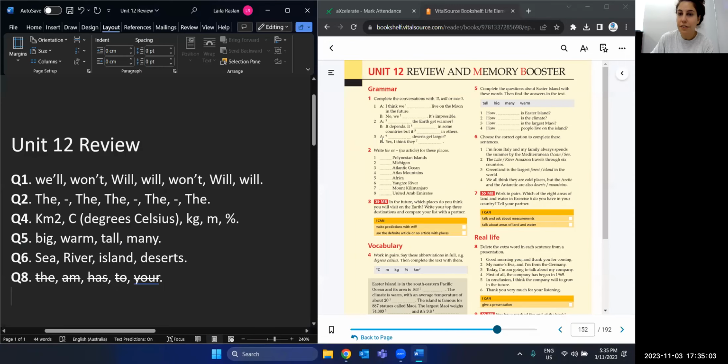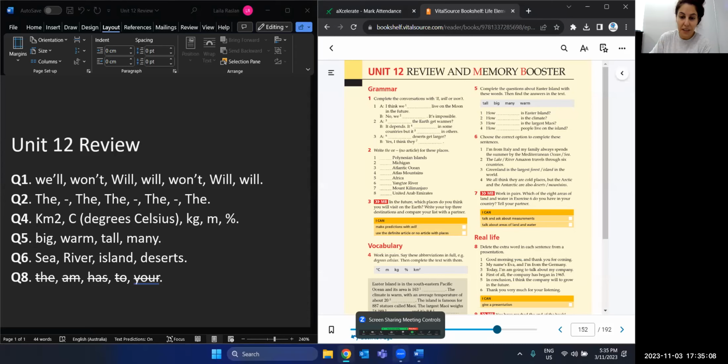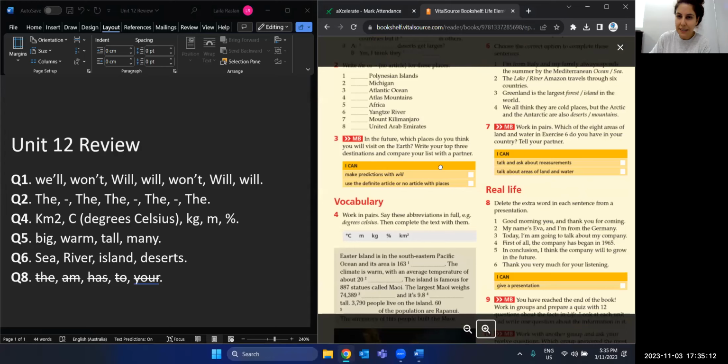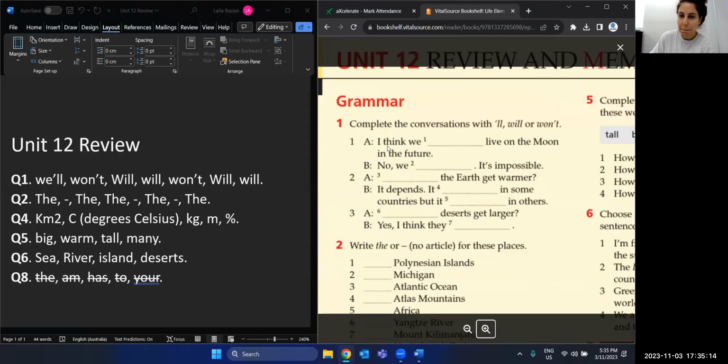Okay, so we have the first one. We're looking at using the future when we speak about the future. So I want to make these sentences. It looks like it's a conversation, A and B. I think so we know we put a subject and then we've got the will and then the verb.